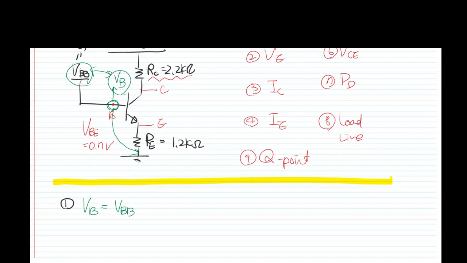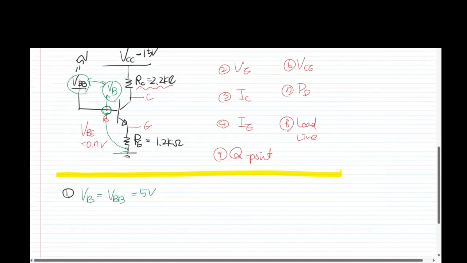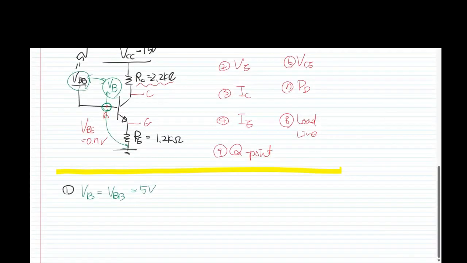That point, same voltage. So V sub BB is equal to V sub B. So that is 5 volt. Okay. Any question? All right. Any question is fine, right?